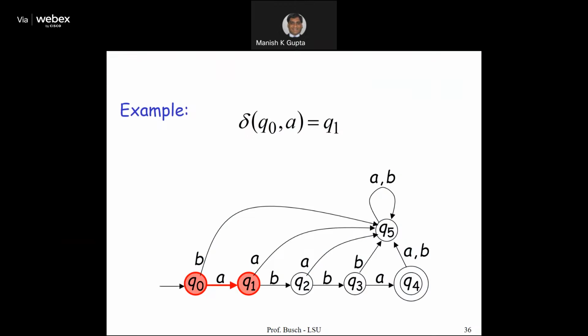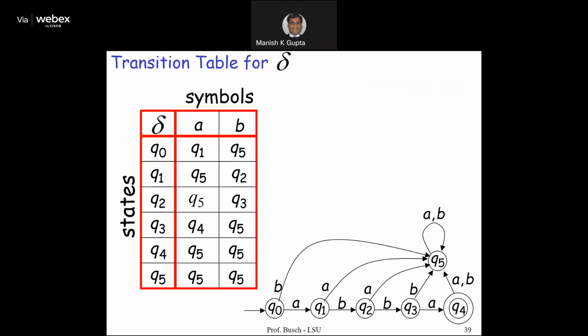Once you are able to do that, you can simplify your work. You can make a table for each state and for each input symbol what should happen. This is nothing but a program for your whole automata. Now you don't require the picture, you can do everything from this table.